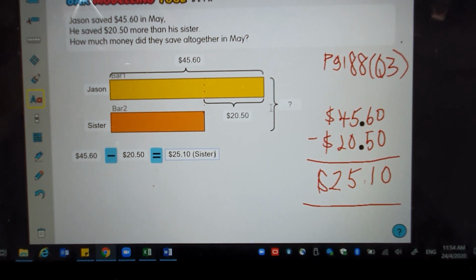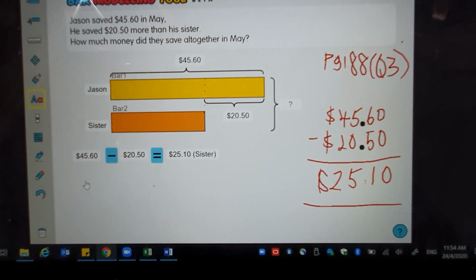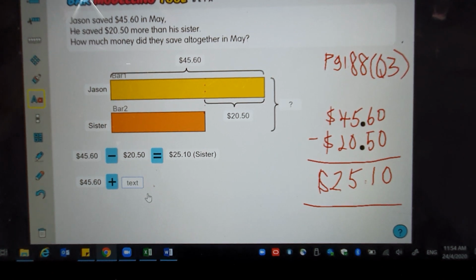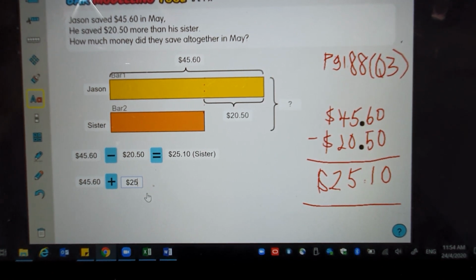So I know the sister, I know Jason. To find what they have in total, I just need to add them together. So your next step will be $45.60 plus $25.10.